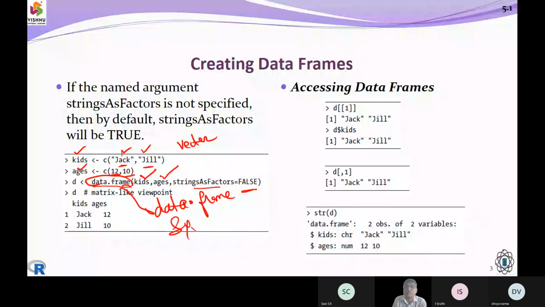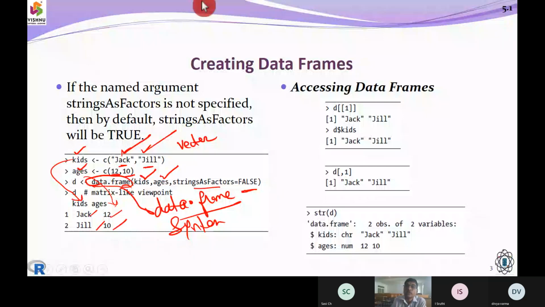So the syntax of a data frame is data.frame. Now you can see the first column, kids, is displayed, and the second column, ages, is displayed. In kids you have Jack and Jill, and then you can see the ages 12 and 10.